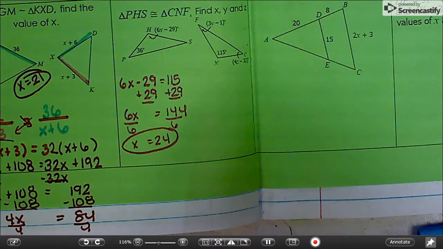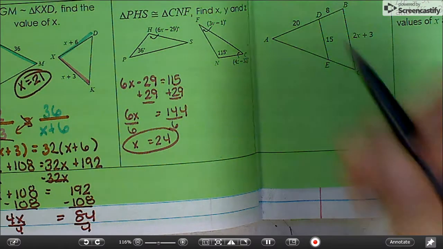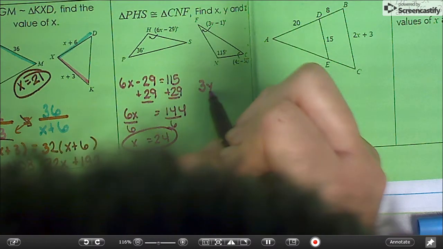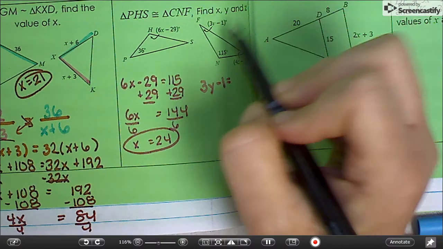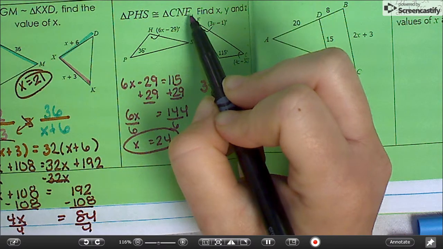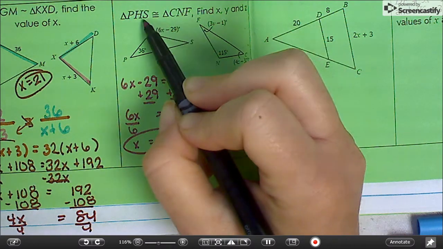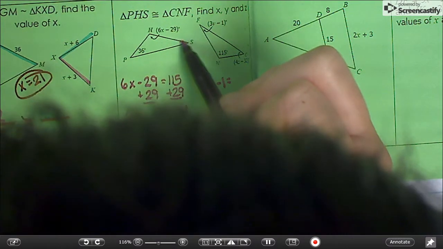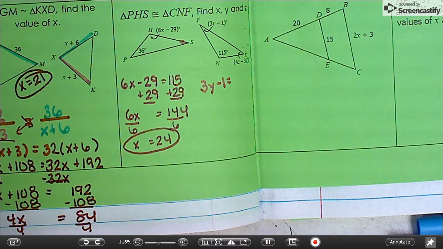All right, it also tells us to find y, so I'm going to look for where my y is, and here it is, hiding in angle F. Angle F is the last letter, so we need to go to the last letter in the congruency statement. It's going to go with angle S, but if you look right here, angle S is actually empty.